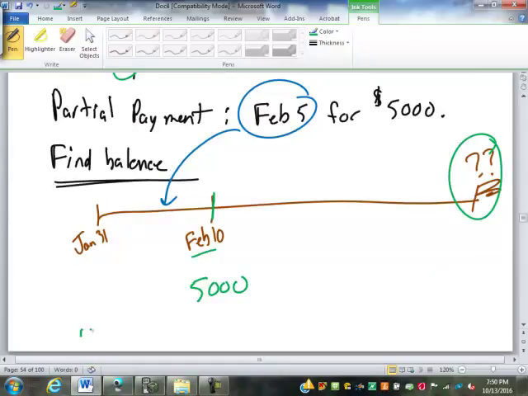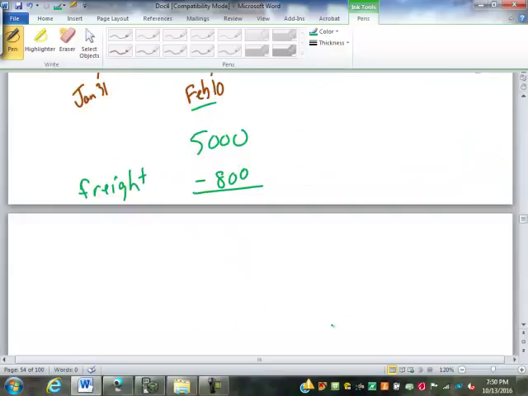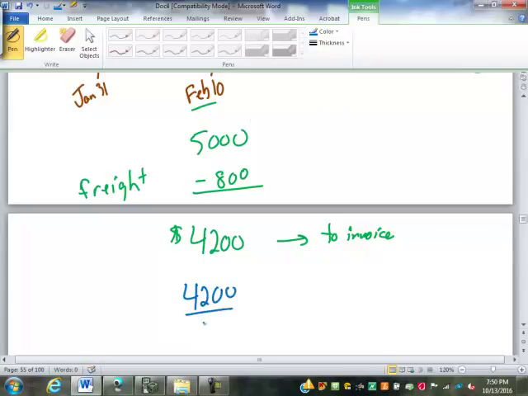We're going to pay the freight. You got it. So we're going to subtract 800, is it? So 4,200 goes to the invoice. So then what? 4,200 divided by 0.99 will be 4,242.42.